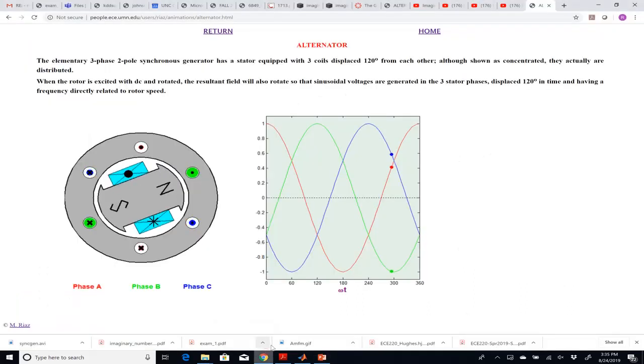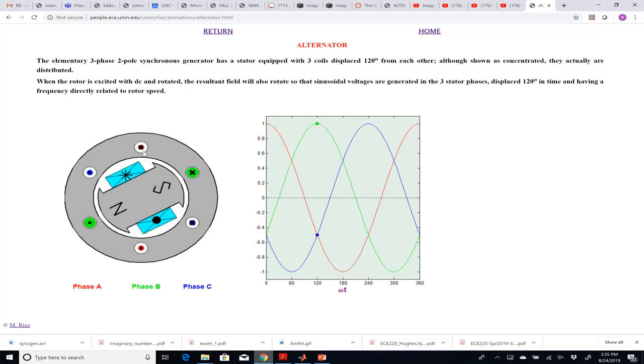So if I go over to this picture now, let's see what's happening. The red line tells me the voltage at any given time. As I follow that red dot, as it goes up and then back, it tells me, based on wherever the rotor is pointing at a given point in time, what the voltage would be at the terminals of that coil.